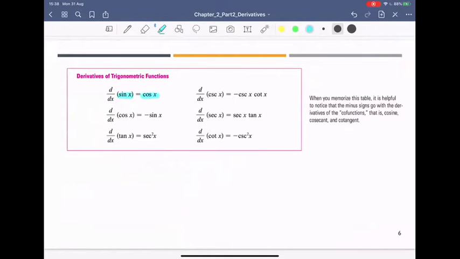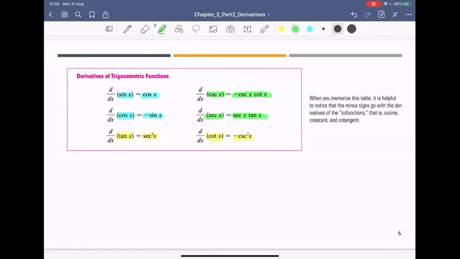On the other hand, if you differentiate cosine, you get negative sine. If you differentiate tan, you get secant square. If you differentiate cotan, you get negative cosec square. And if you differentiate cosec, you get negative cosec cot. If you differentiate sec, you get sec tan.